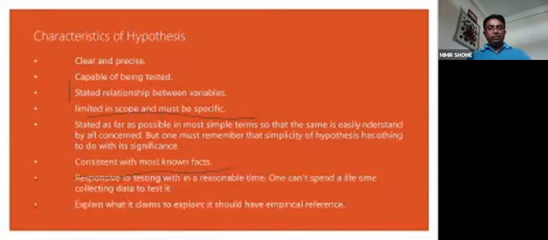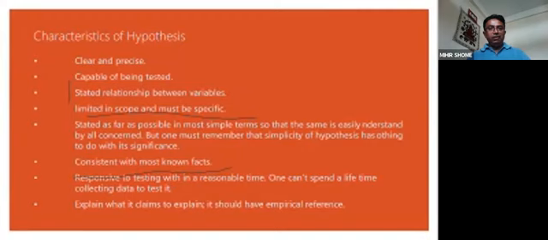But one must remember that simplicity of hypothesis has nothing to do with its significance. Simplicity of hypothesis, that means it is very simple but it is not giving any clarity, or there might be ambiguity. In that case it has nothing to do. Consistent with most known facts.